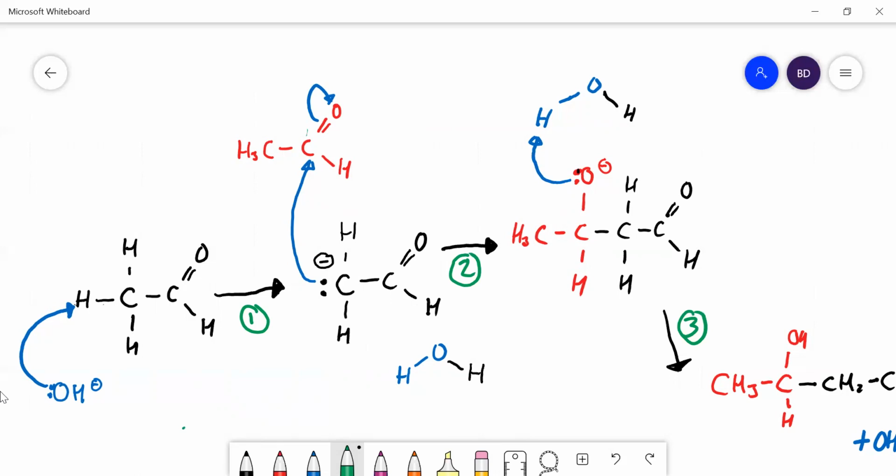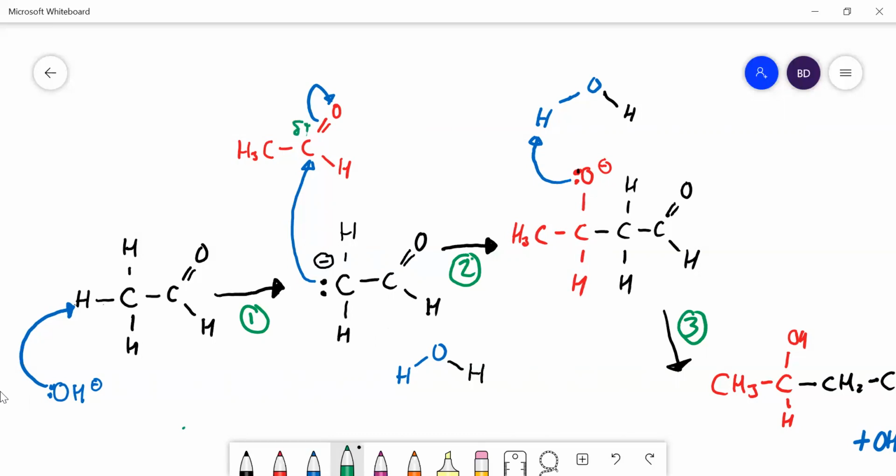So in the first step, the OH minus has reacted. First step, the OH minus removes a proton from the black ethanal molecule to form this species here. Okay, this has got a negative charge on the carbon up there, and that will make that carbon a nucleophile, and that is going to, in the next step, do nucleophilic attack on this carbon here.